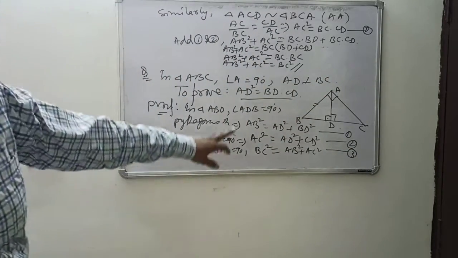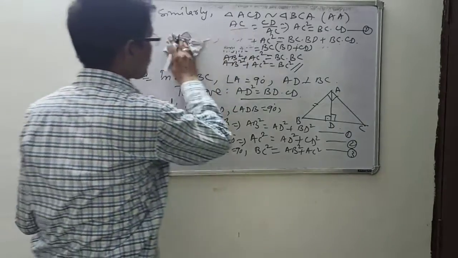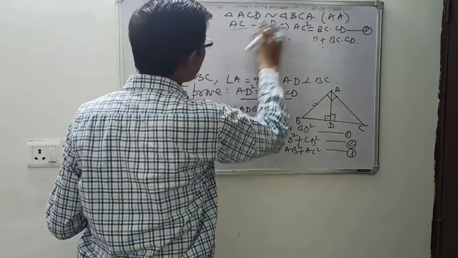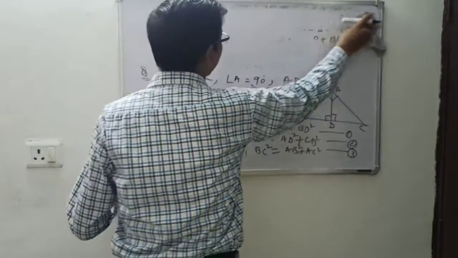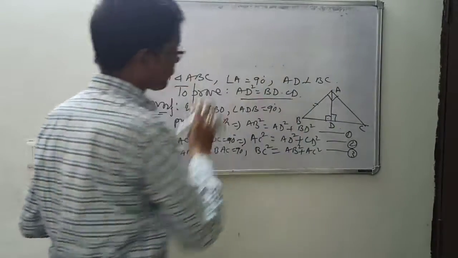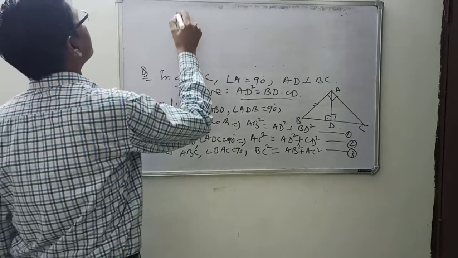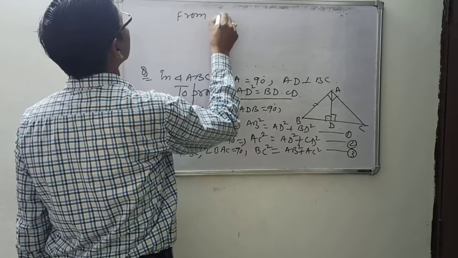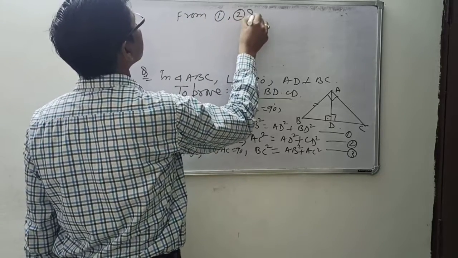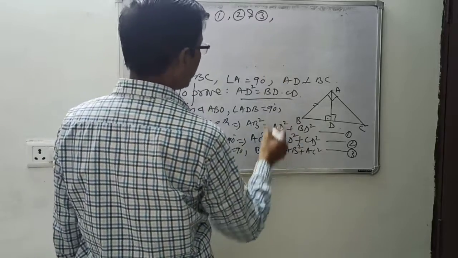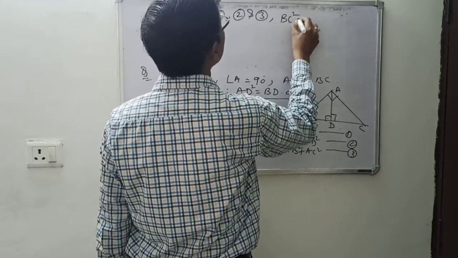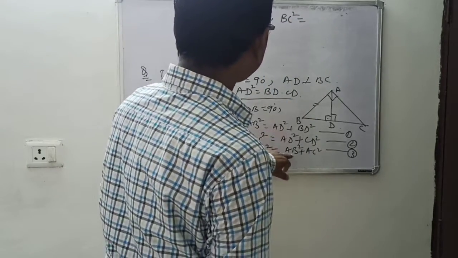So using these three results, 1, 2, 3, therefore from 1, 2 and 3 we can write BC square equal to AB square plus AC square.